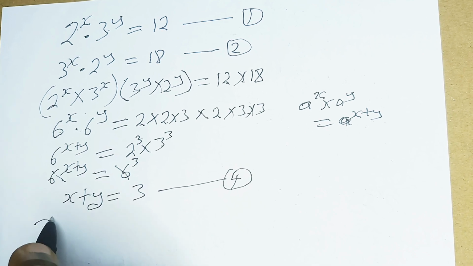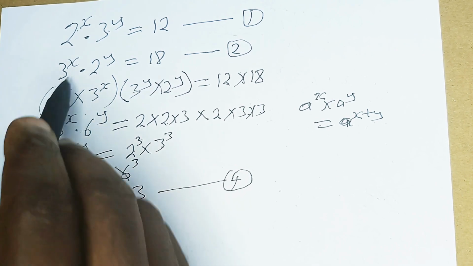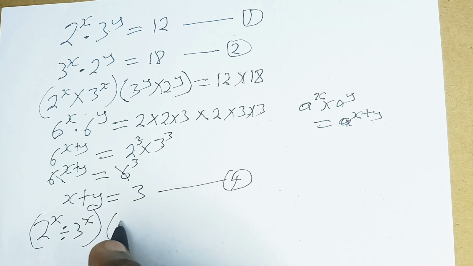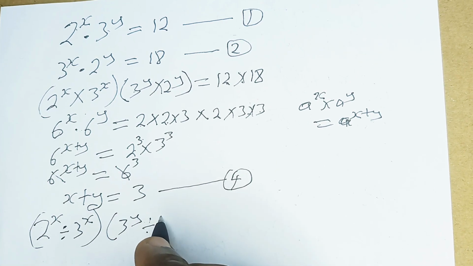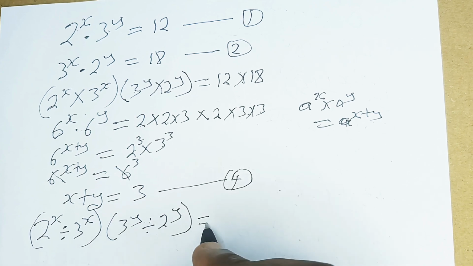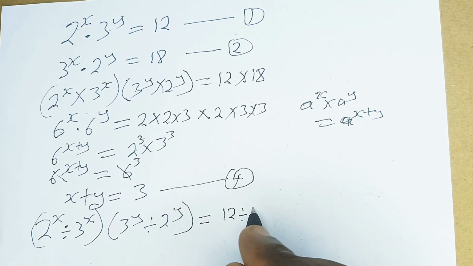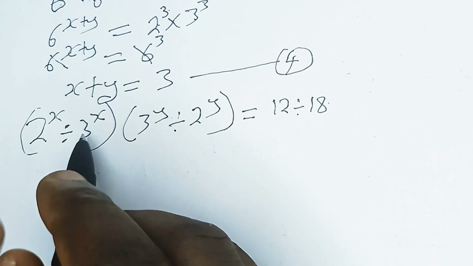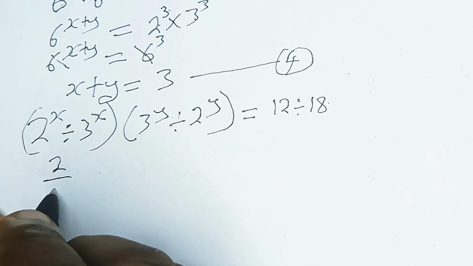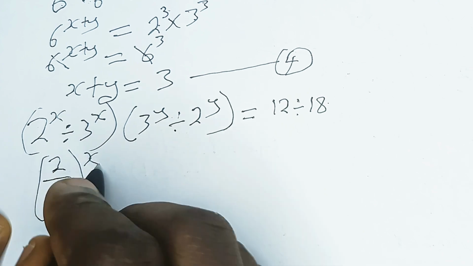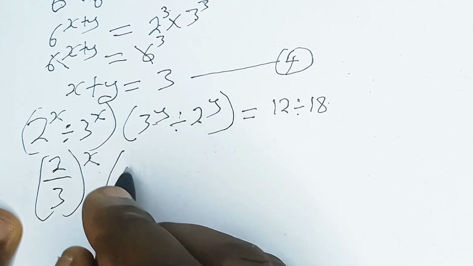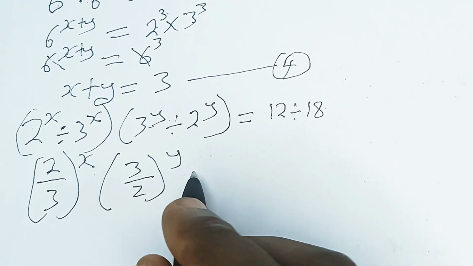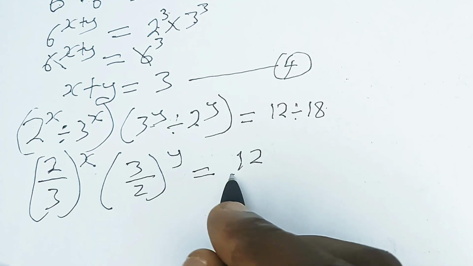It means 2 raised to the power of x divided by 3 raised to the power of x, and 3 raised to the power of y divided by 2 raised to the power of y, is equal to 12 divided by 18. 2 divided by 3 can be written as 2 over 3 raised to the power of x, times 3 over 2 raised to the power of y, is equal to 12 over 18.